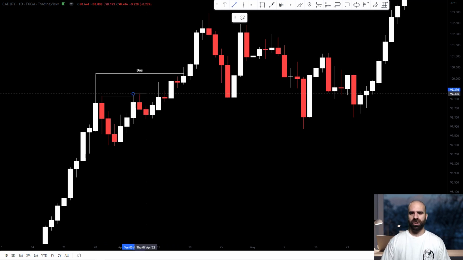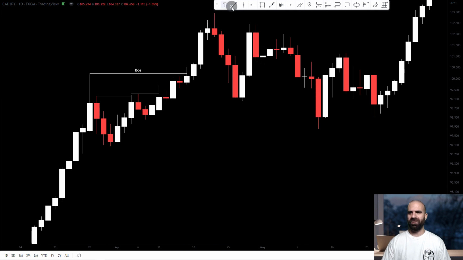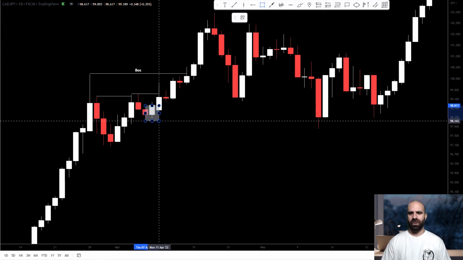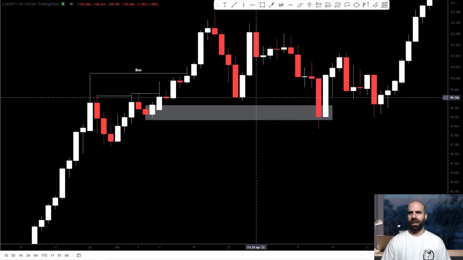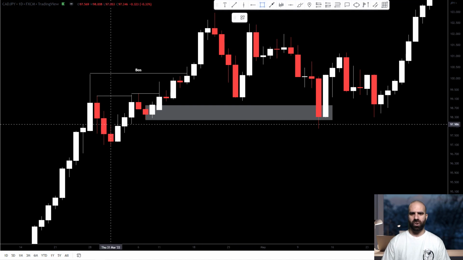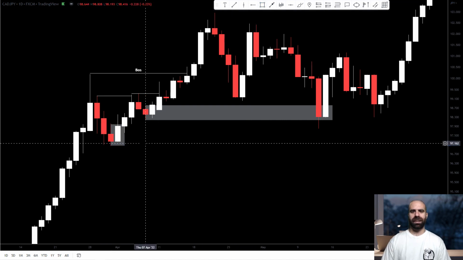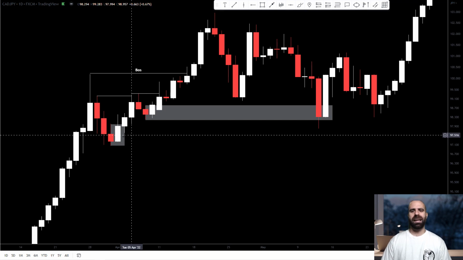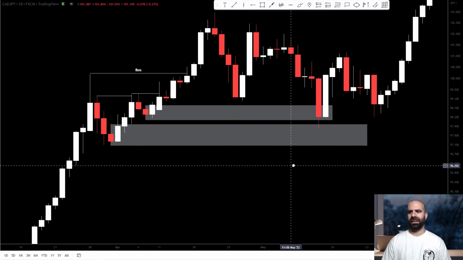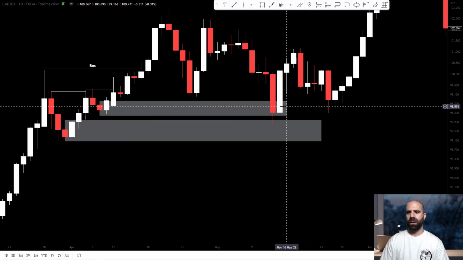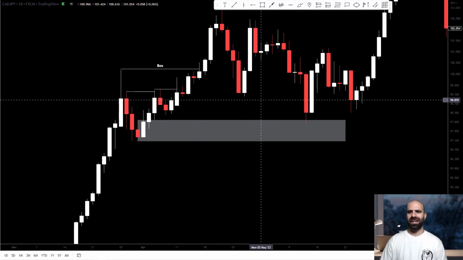So, such order blocks right here would have been one down here and another one, this whole candlestick down here. And again, in the course, I'm showing you how to minimize this area even more, but it doesn't matter right now. So one of those was tested.